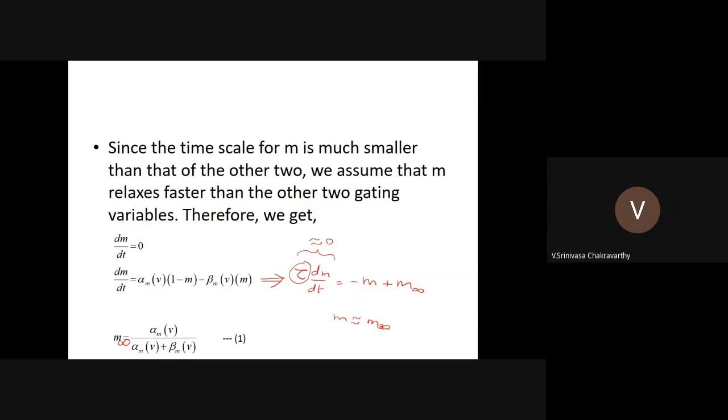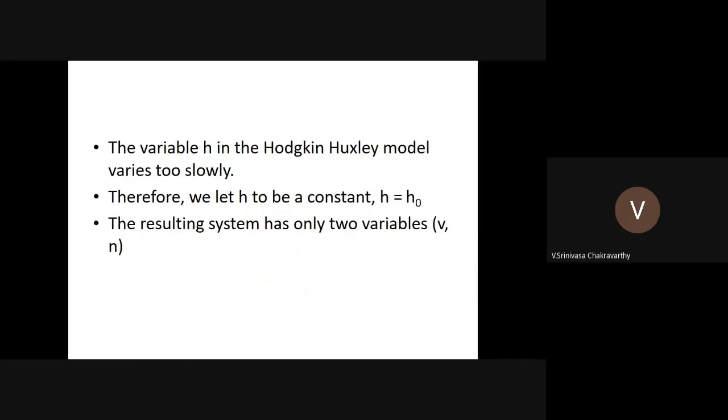Because m infinity is itself a variable that depends on the voltage, as m infinity varies as a function of voltage, m quickly approaches m infinity because tau is small. So you can just assume that m is equal to m infinity. If you do that, you can get rid of the differential equation, and you are left with a static equation. That's a major advantage. So that is one kind of simplification.